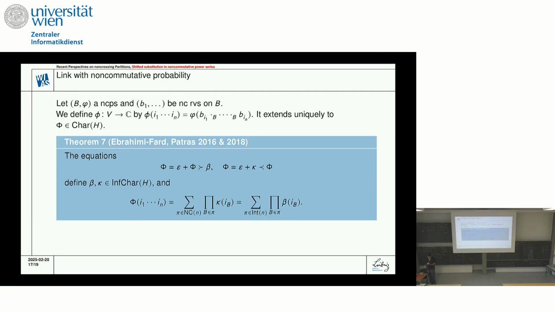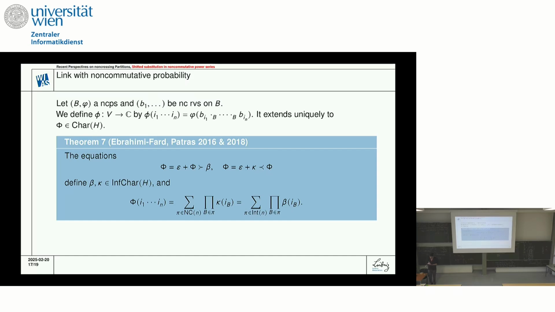So in total, the expression for the solution of this equation here, kappa and beta, are given by these two relations through the moments. And you will recognize this as the equations defining the free and Boolean moments.